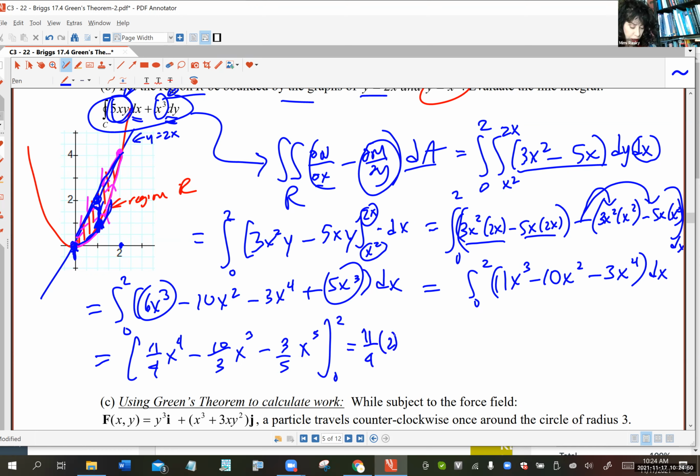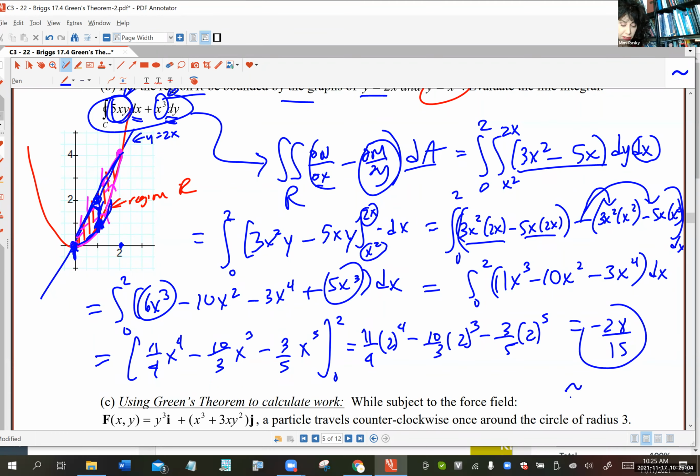And we'll just wrap it up here. I get negative 28/15, and that's the exact answer. And if you had to punch it up into your calculator, it's approximately negative 1.861. Okay, and that concludes that example.